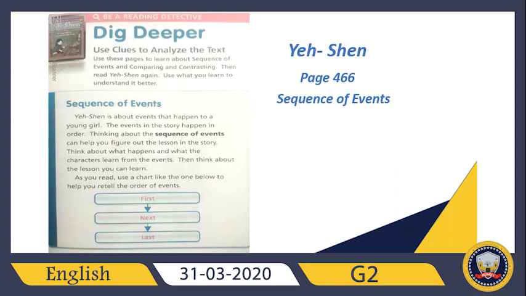Then what happens? She meets the old man. Then there is a festival, how she goes to the festival, and in the end, how the king is able to find her, and then how they get married. So try to talk about this story, recall this story, but in the correct sequence of events.